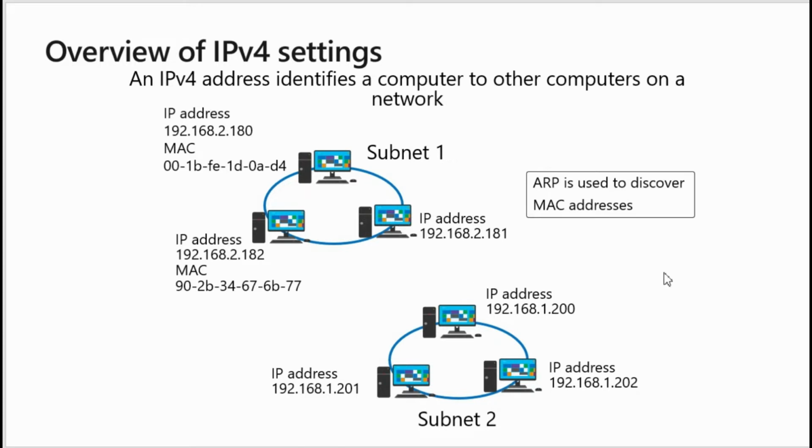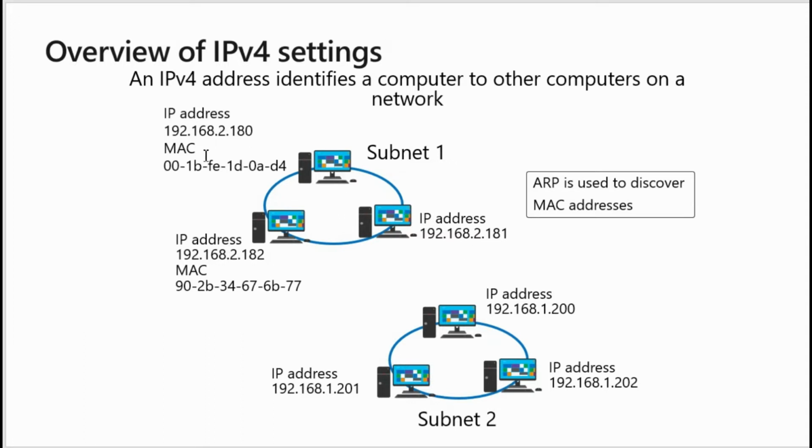So at first you need to understand the subnet. Subnet means one network. This is, let's say, one network, and this is another network. There are two different networks. And how we differentiate them: in subnet 1, we have 192.168.2.180, this is network 2.